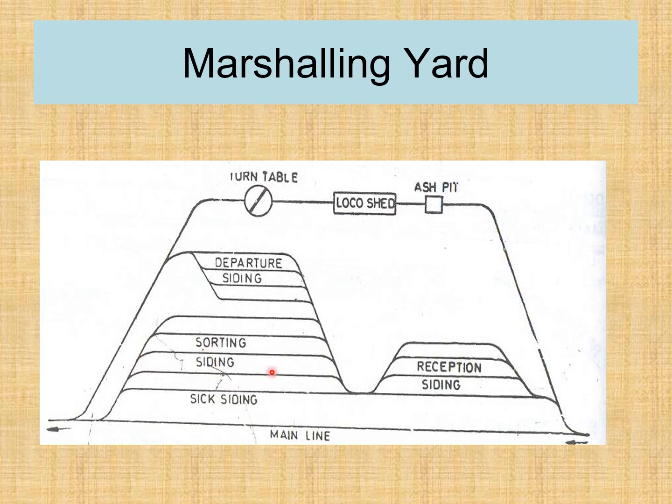Here the proper shunting will be carried out, and after preparing the train according to their destination, by using the departure siding, those trains will come to the main track. So reception siding, sorting siding, and the departure siding. These are the three, you can say, main components of the marshalling yard.